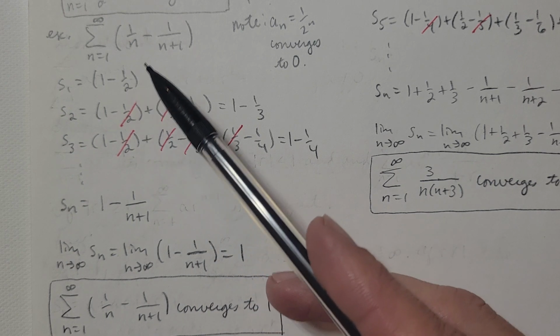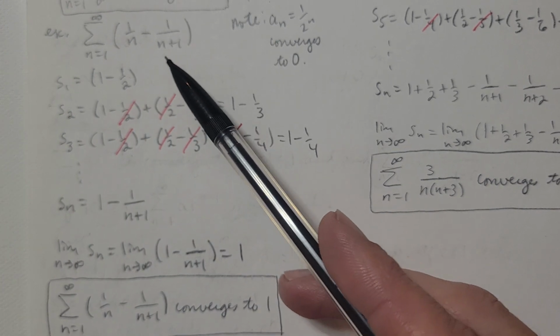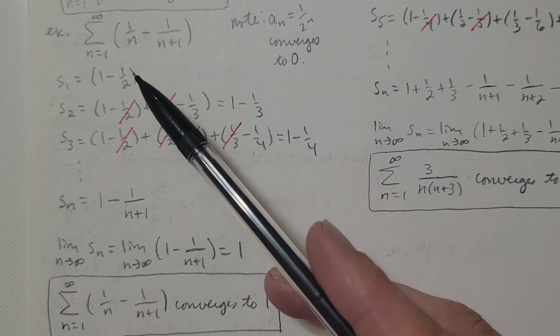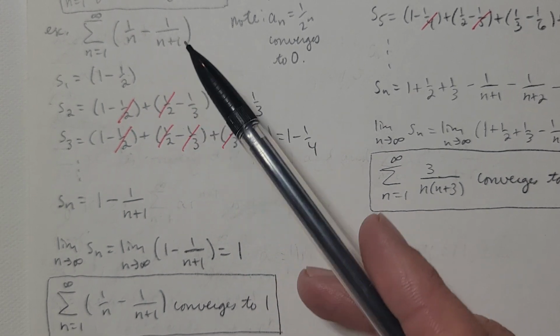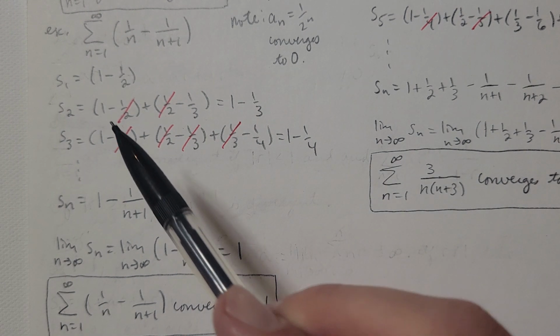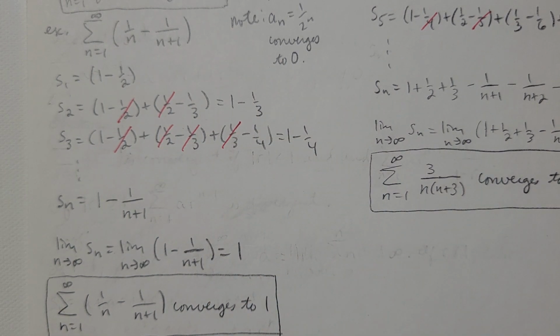S sub 2 would be where I'd add up the first two terms. So I got 1 minus 1/2, and then plus, when n is 2, I'm going to have 1/2 minus 1/3. The 1/2s cancel, and that's going to leave me with 1 minus 1/3. S sub 3 would be where I'd add up the first three terms.